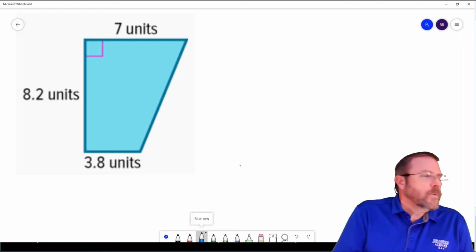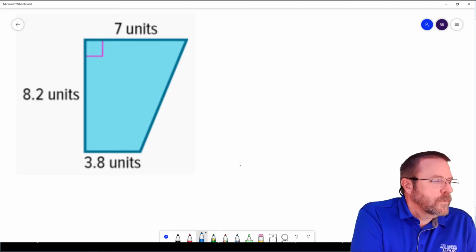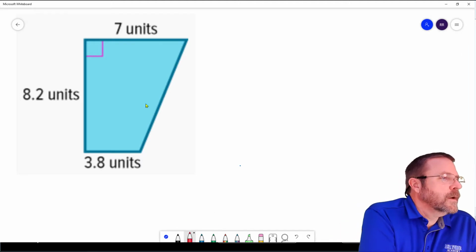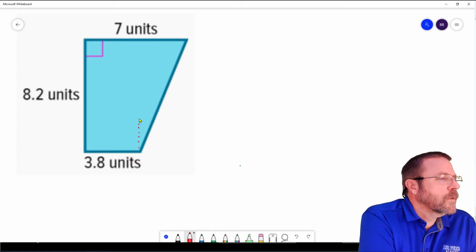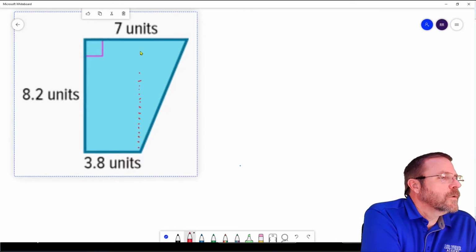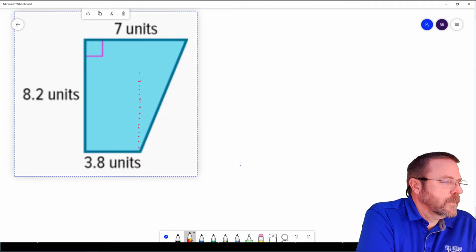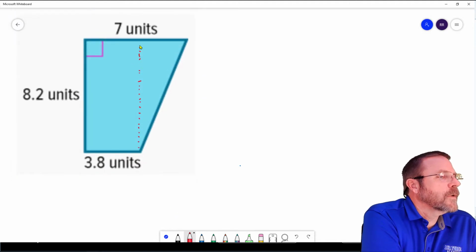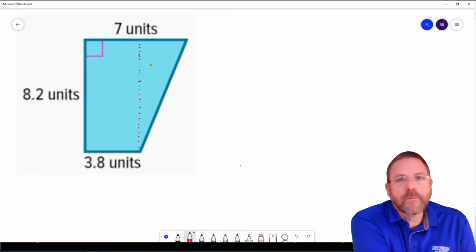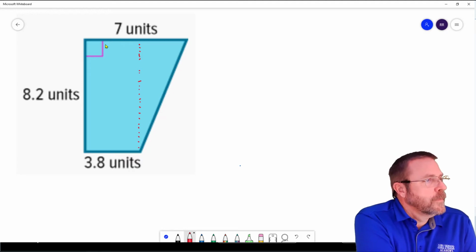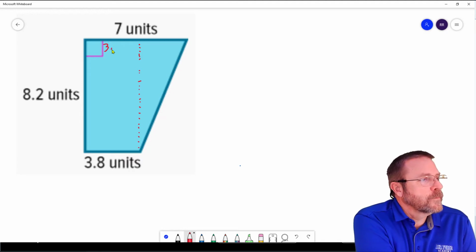So the first thing I want to do is cut this up into a triangle and a rectangle. So my cut I'm going to put right along here. And you can see that I've got myself a nice rectangle and I have a nice triangle. Now I know that this distance here is 3.8.